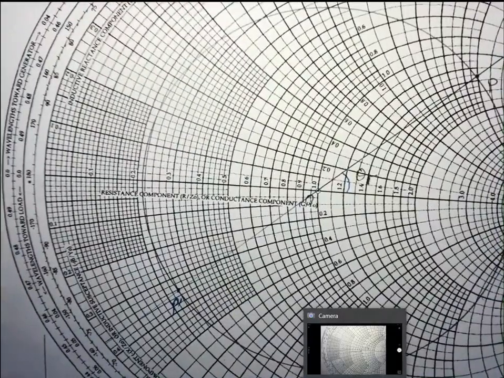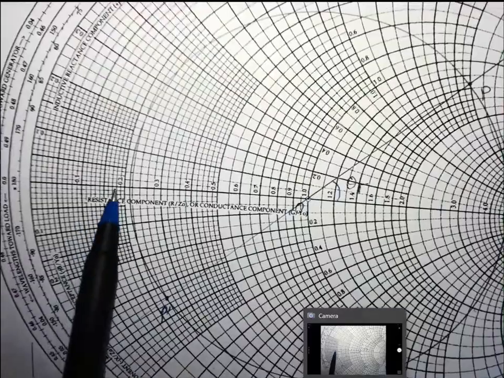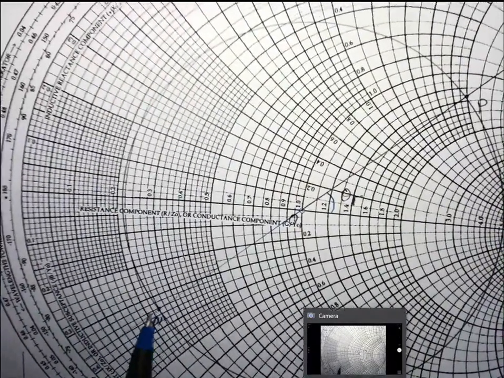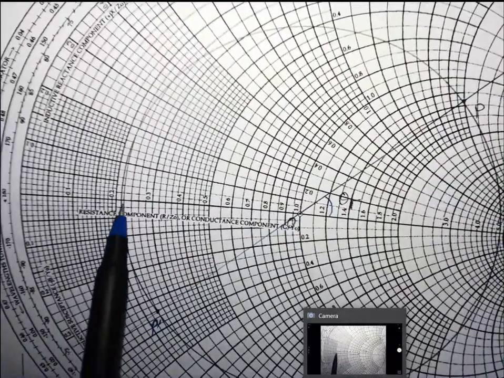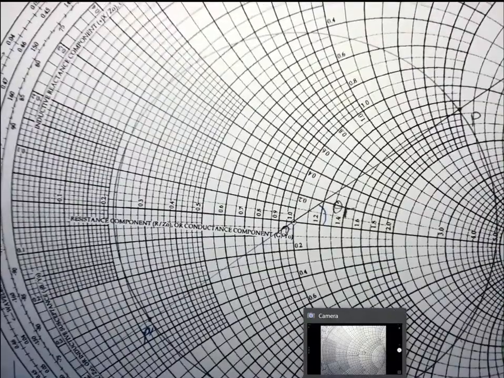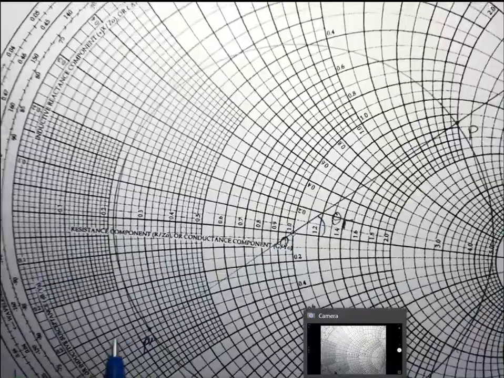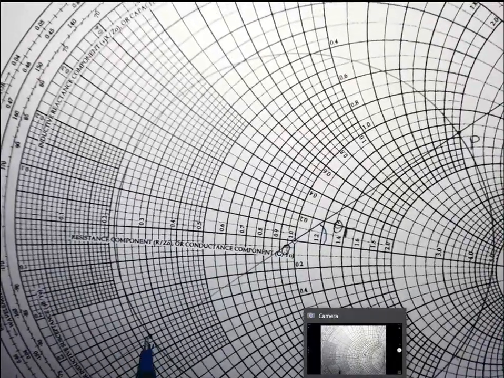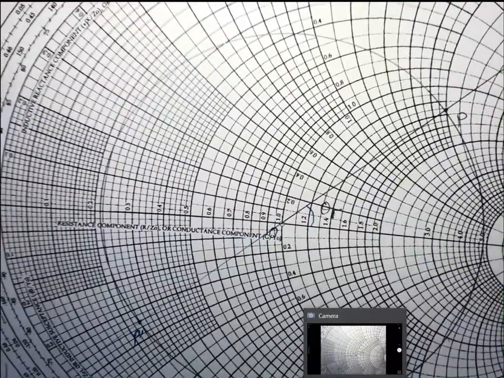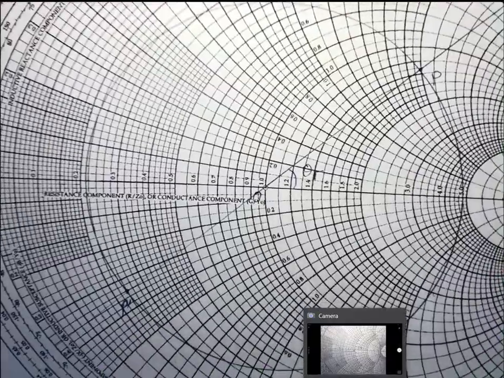Fine, now it is visible. At this point, which circle is it intersecting? It is the second circle after 0.2, so it will be 0.24.